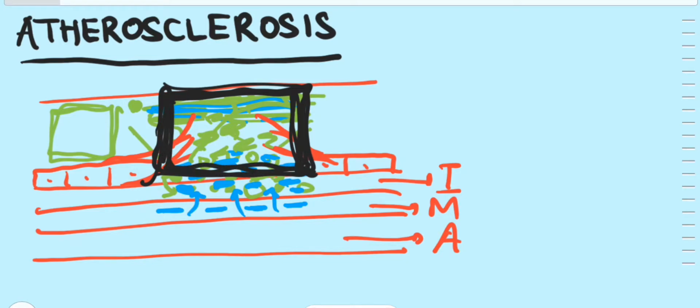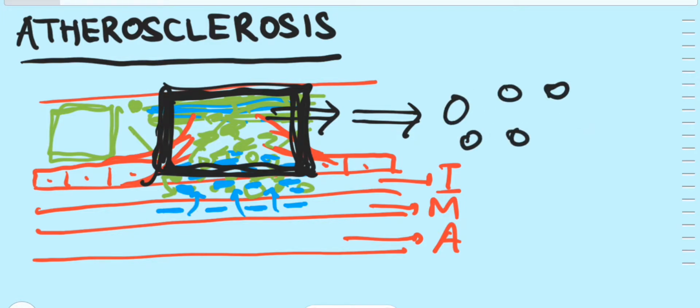They could be acute, they could be chronic. Also, what can happen is these components can go elsewhere. They can travel in the circulation and form emboli, small pieces that will go and occlude smaller vessels. Again, this will cause symptoms depending on where these emboli have settled.